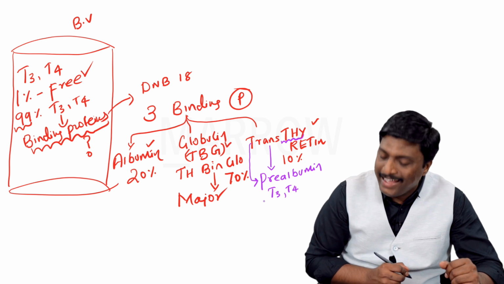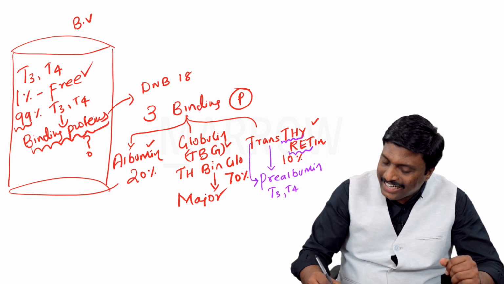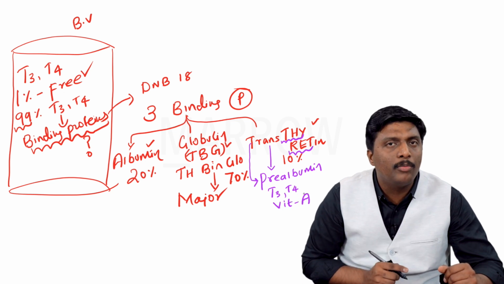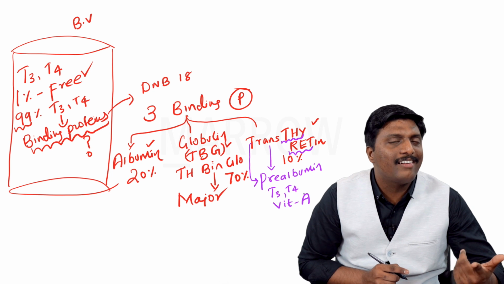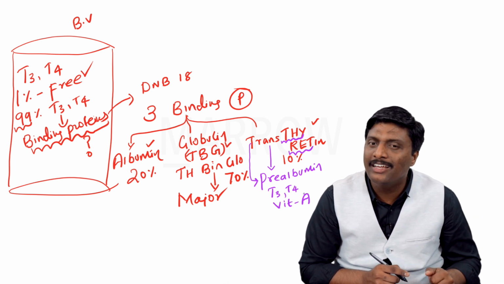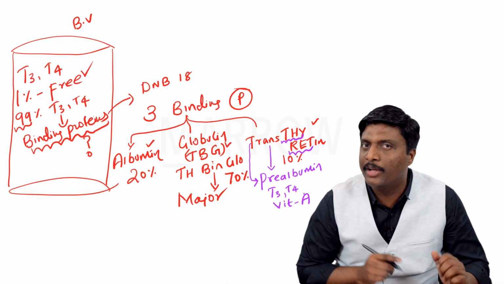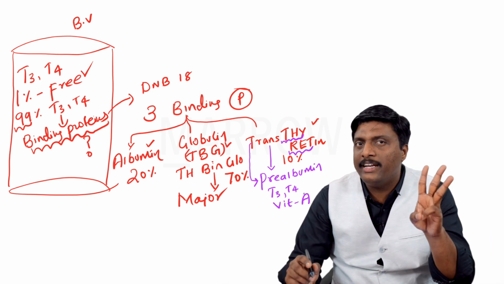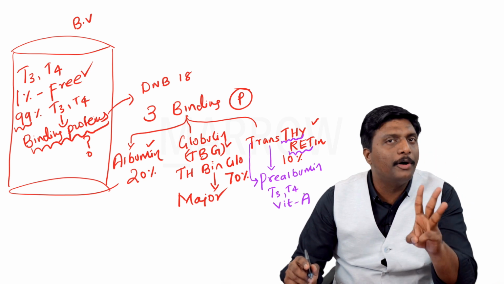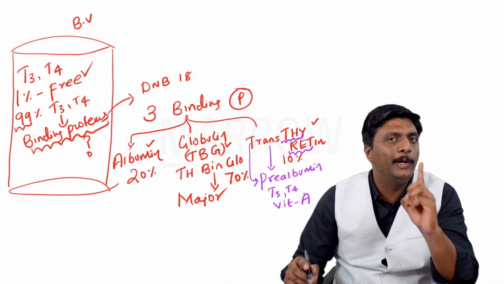Not only that, it also has the red part. Red here stands for vitamin A. It is also the transport protein for vitamin A. Transthyretin transports two important substances. One is thyroid hormones. Next is vitamin A. Very important things. Three binding proteins: albumin, globulin, transthyretin. The major one is always thyroid binding globulin.